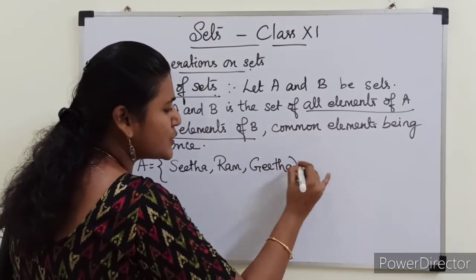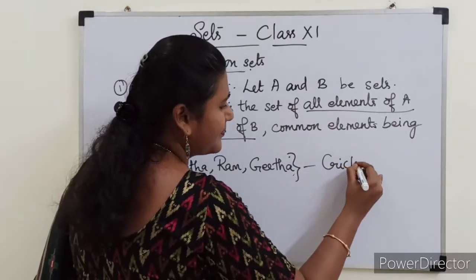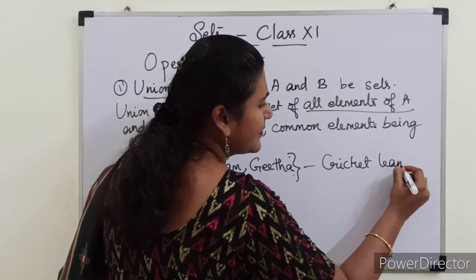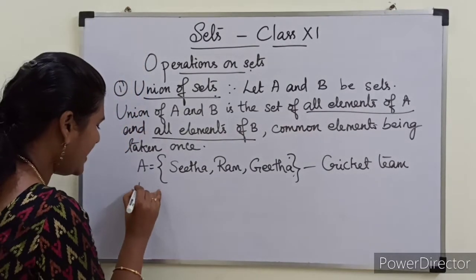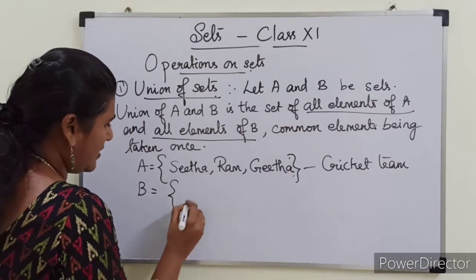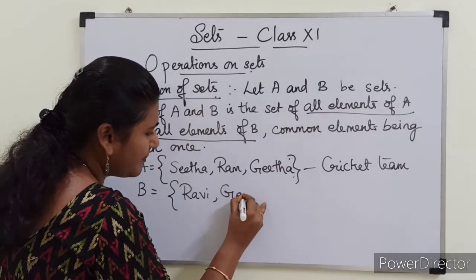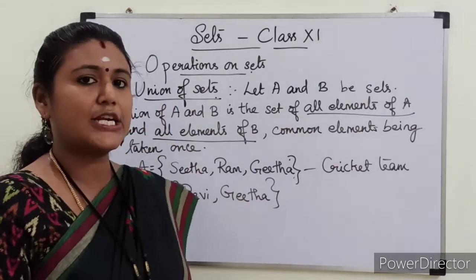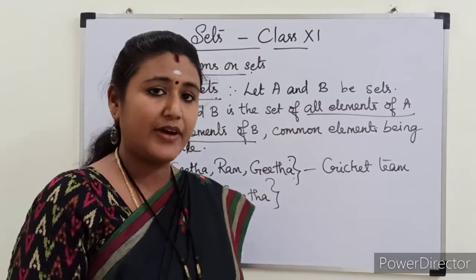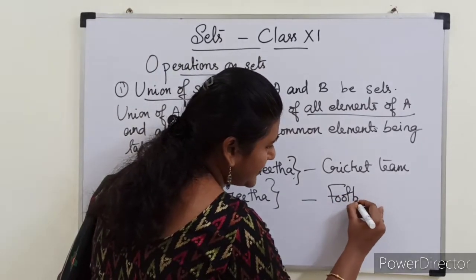So these are the students who are all in school cricketing. Now I am going to consider another set B, B is equal to Ravi, Geeta. This set is the set of students of class 11 who are in the football team.